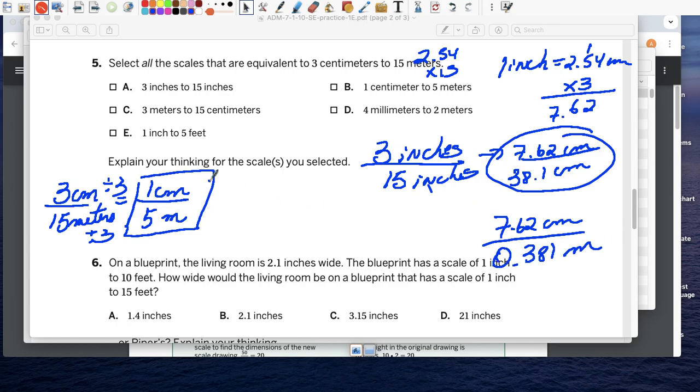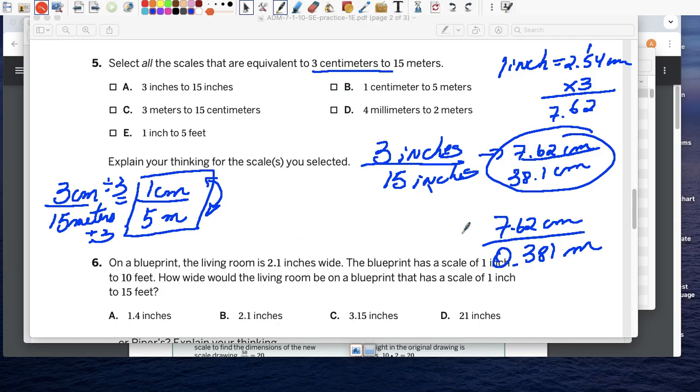Now, if you look at this, the original scale is 3 centimeters to 15 meters, which simplifies to 1 centimeter to 5 meters.